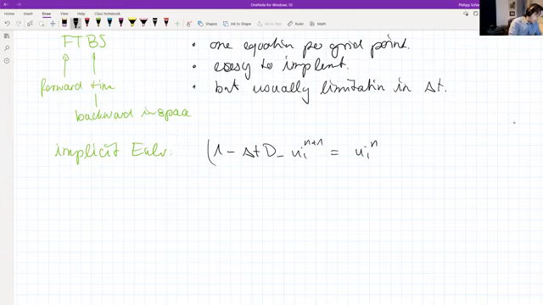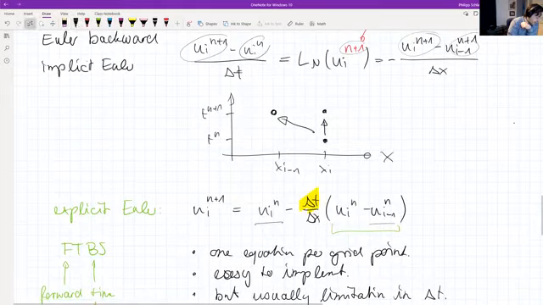Now, what I did here is I have actually used the derivative matrix that we have introduced earlier for this one-sided finite difference scheme that we used here to evaluate the spatial derivative.